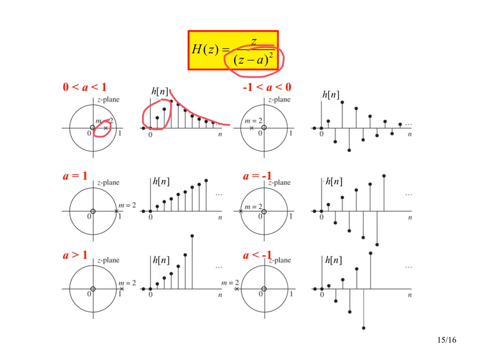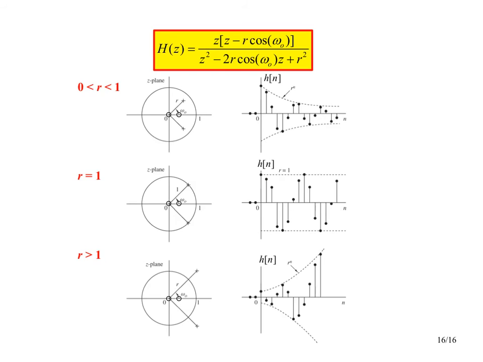If we have repeated roots right on the unit circle, this thing's going to just keep going up linearly. Repeated roots outside the unit circle, it's going to go up exponentially. And then over here, all the same kinds of things except now oscillating. So lots and lots of insight can be gained just by having a good feeling for what a pole in one place is going to do to both the frequency response as well as the impulse response.